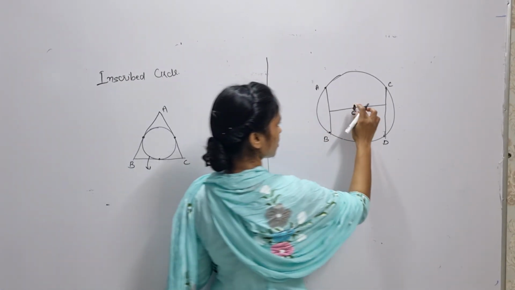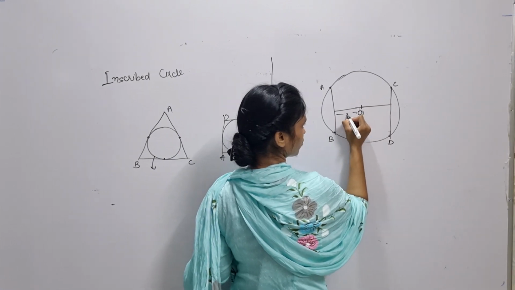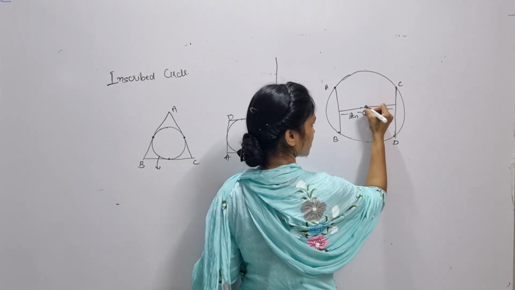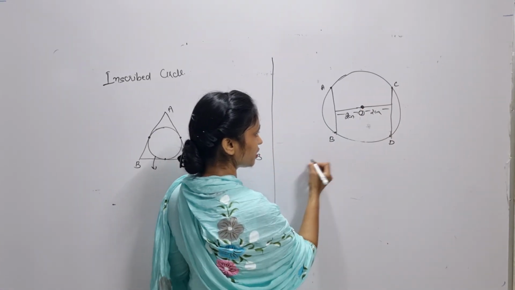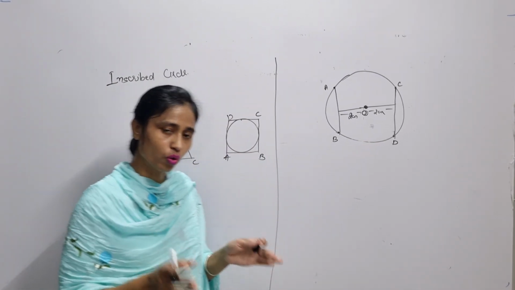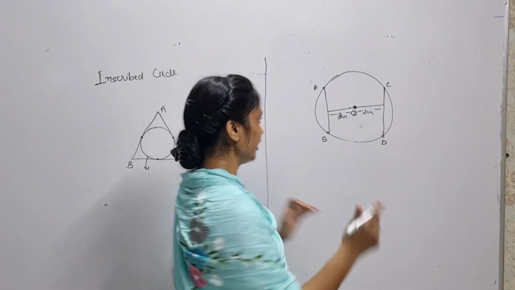Suppose this is 2 centimeters and this is also 2 centimeters. Then these two chords are equal. The chords which are equidistant from the center are equal.